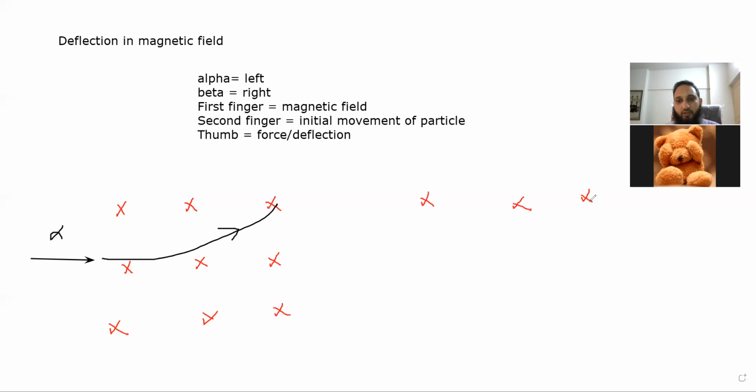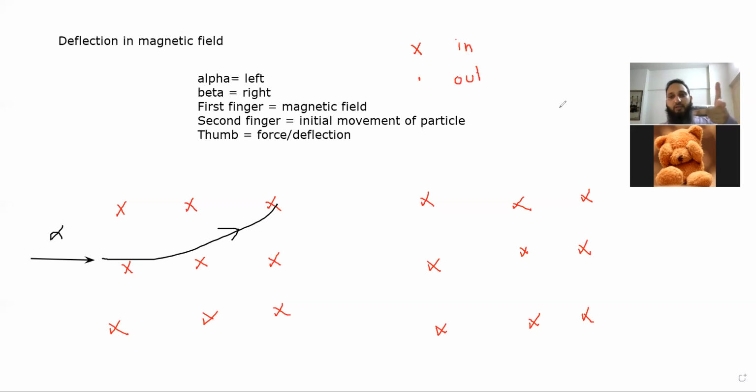If we have to show the deflection of a beta particle, the meaning of a cross is the magnetic field is in, and the meaning of a dot means the magnetic field is out.